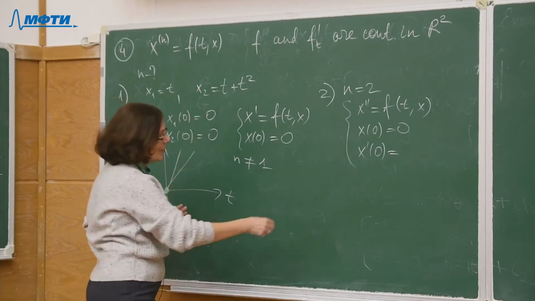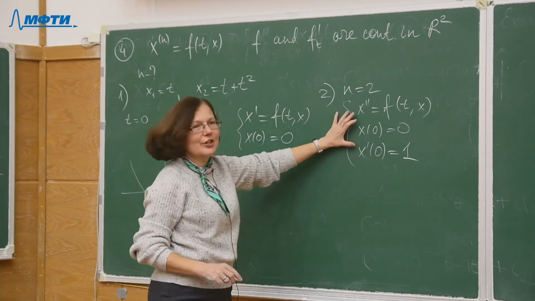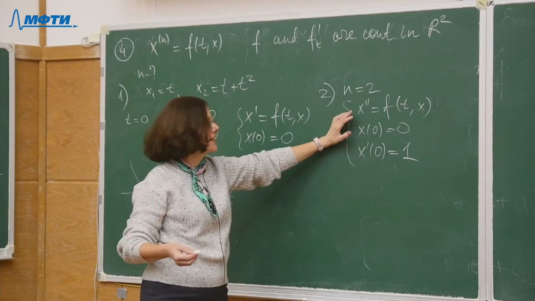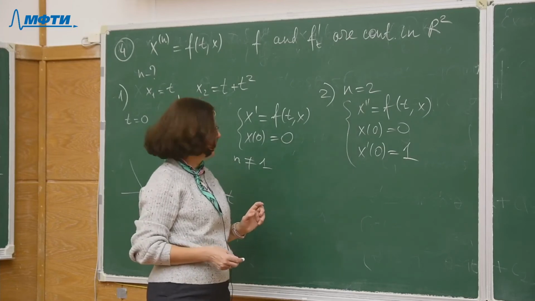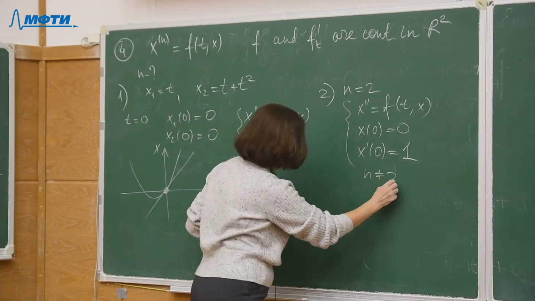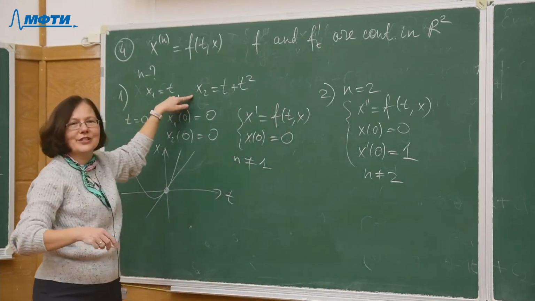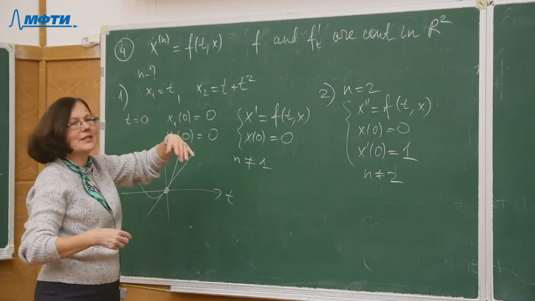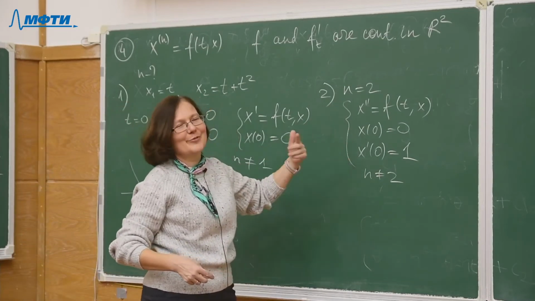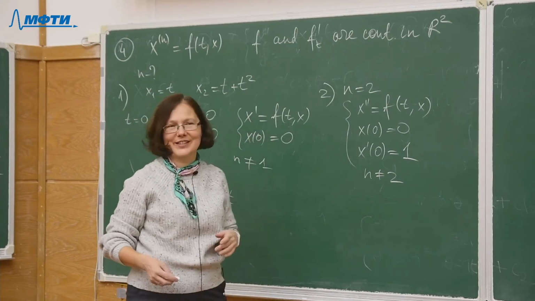So this is the initial value problem, and again, there exists a unique solution satisfying this. So n is not 2, because we want these two functions to be solutions, but this initial value problem has a unique solution, and not two different solutions.